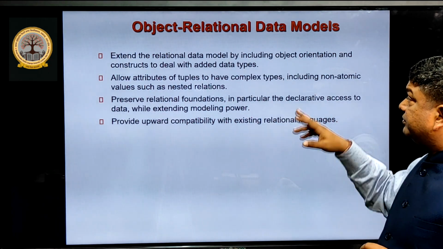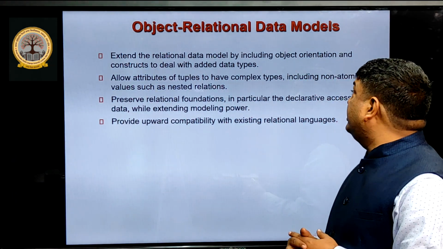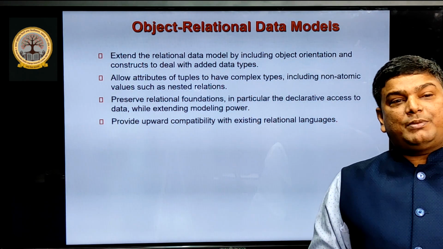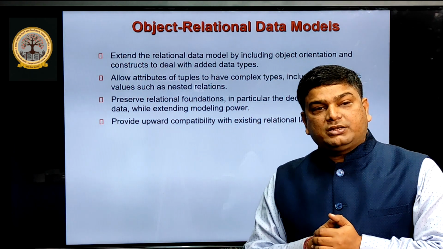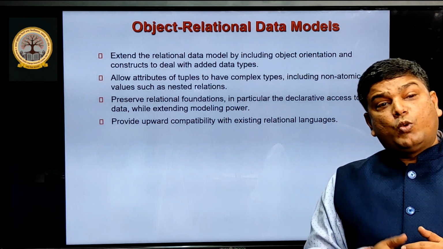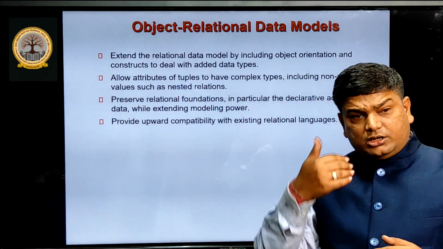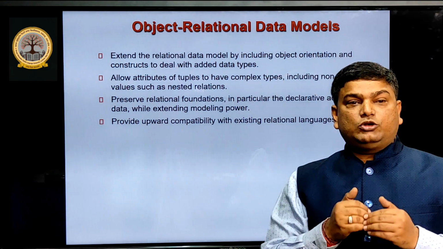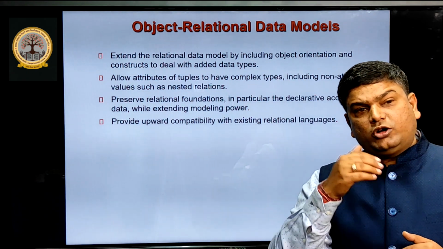Next are the object relational data models. It is a combination of object oriented concepts as well as relational database concepts. First, what is the object oriented concept? It follows a bottom to top approach and uses a modular based approach.